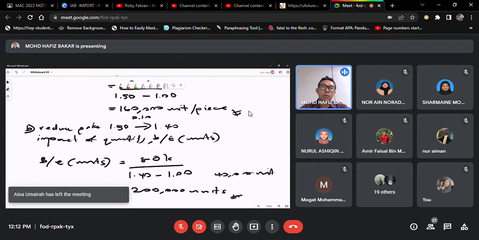Tapi kalau you perasan, dia punya marketing memang agresif. They need to promote, they need to make customers aware, because they want to increase the number of sales. Macam tadi only 160,000. Bila dia kurangkan harga, they need to increase another 40,000 to reach 200,000.